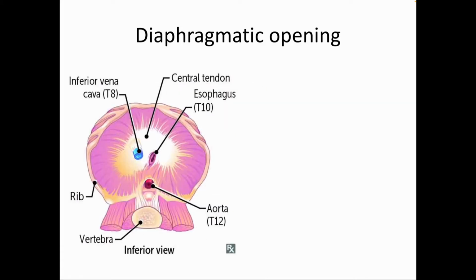Our next topic is the diaphragmatic openings. There are various openings in the diaphragm, but the three most important openings are the inferior vena cava opening, then the esophageal opening, and the aortic opening. Inferior vena cava opening is present at the T8 level, esophageal opening is present at T10, and aortic opening is present at the level of T12.